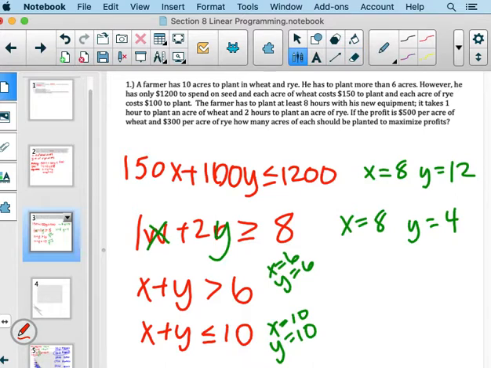So before you get too crazy labeling your graph and getting started, you should always check your intercepts and see how much space you have available to you. You don't want to have a super small feasible region or scale by 2s if you can scale by 1s, because then you can't really see as good as your intersection points. Okay? Definitely don't want to scale by 2s.